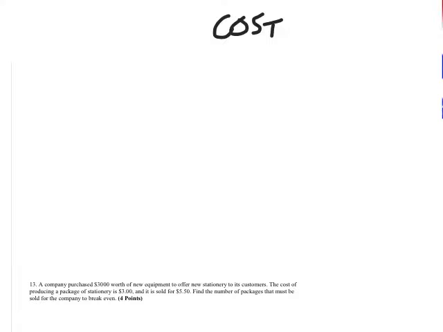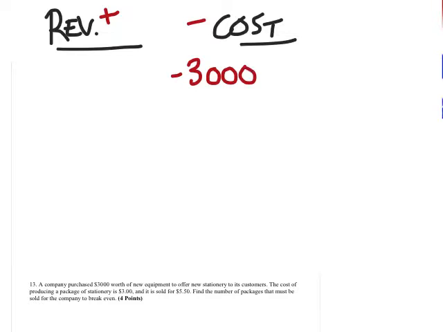Then you also have revenue. In comparison to these, revenue is positive and cost is negative. So when we find a cost, we're going to have to subtract it. And we can see that $3,000 is a subtraction from revenue.